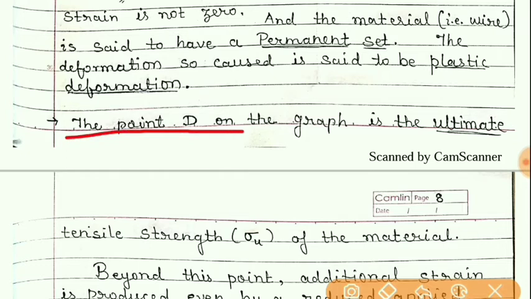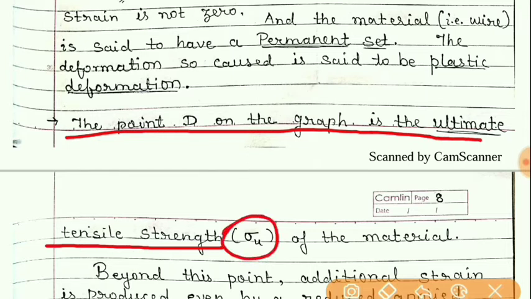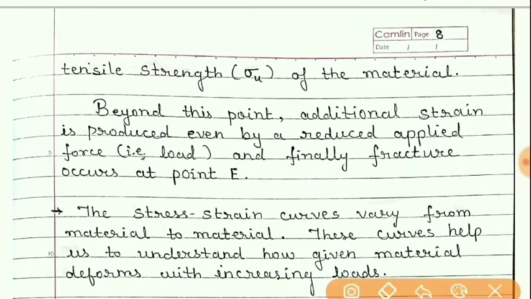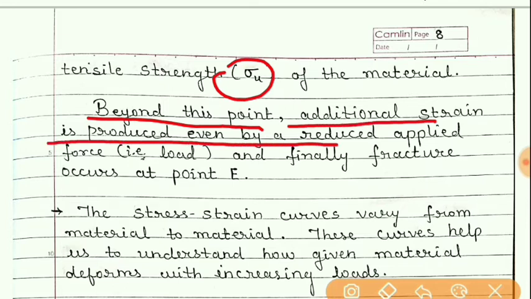Now the point D on the graph is the ultimate tensile stress, symbolically represented as sigma u of the material. And beyond this point, that is after ultimate strength, additional strain is produced even by reducing the applied forces.